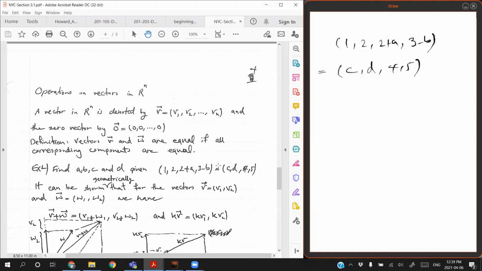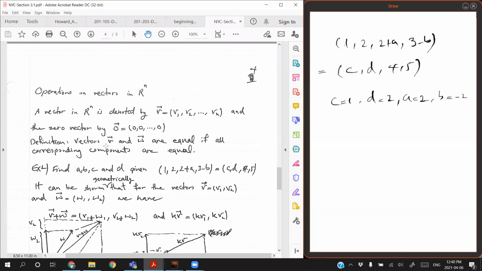If these two are equal, then according to this definition, every component is going to be the same. So that means C has to be 1, and D has to be 2. And then A has to be 2, so that 2 plus 2 is 4. And B has to be minus 2, so that 3 minus minus 2 is 5.